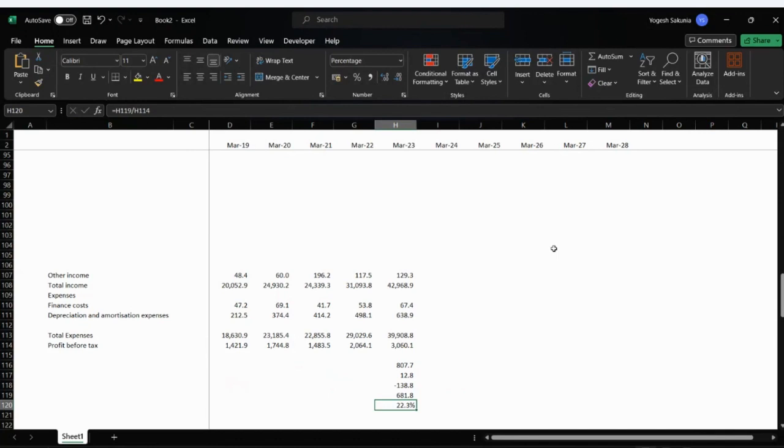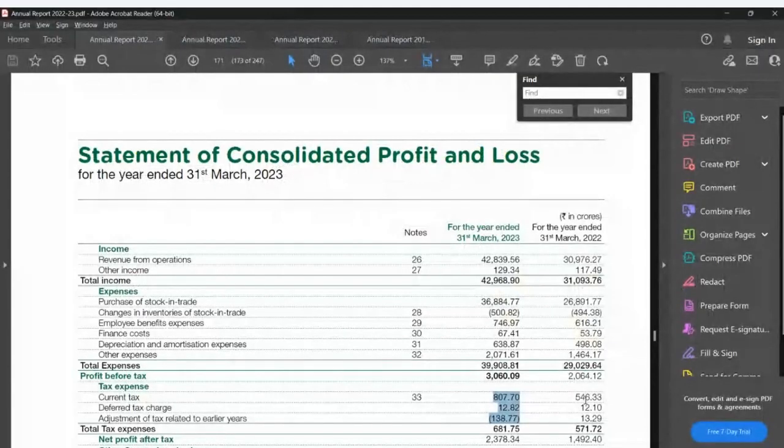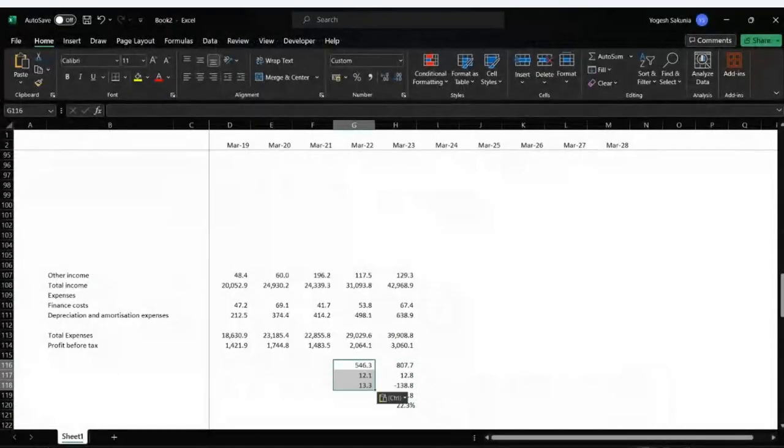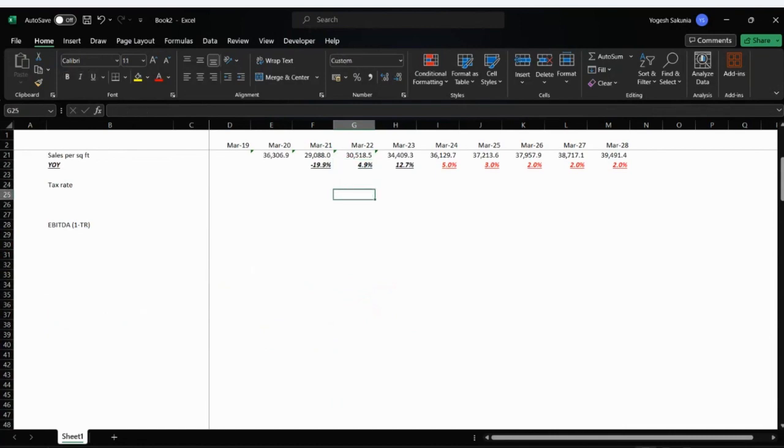About 20 to 23%. We should ideally do it for multiple years. We can also take it for one more year, maybe. Yeah, 27%. So we will just do about 25%. That's the statutory tax rate currently applicable.